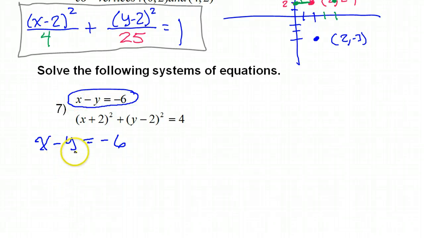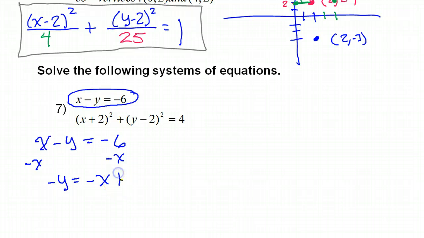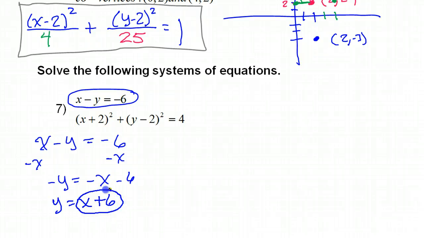If I get y by itself, like I often do, I would subtract x from both sides. That's going to give me -y is equal to -x minus 6. So dividing everything by -1, I'm going to have y is equal to x plus 6. Okay, so that's pretty cool. So y is equal to x plus 6.